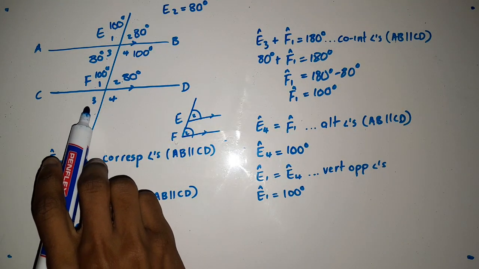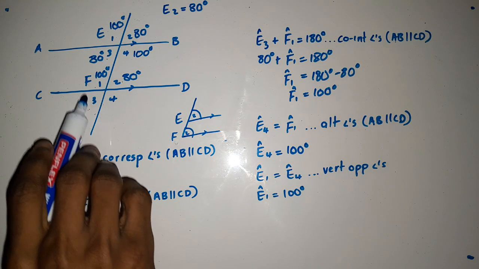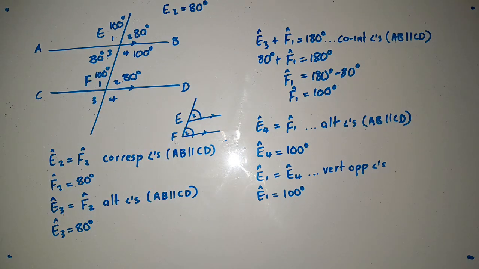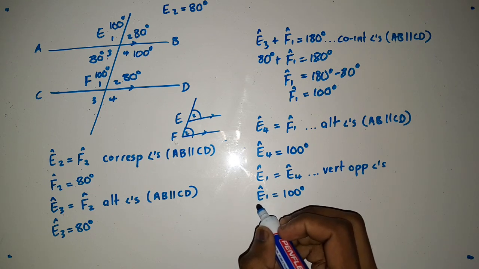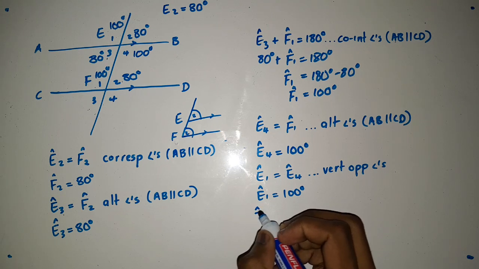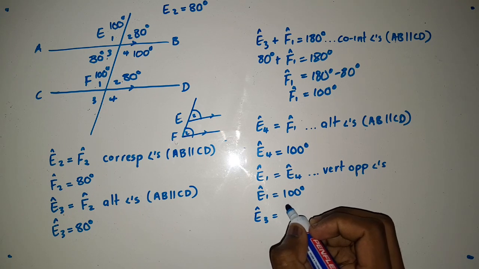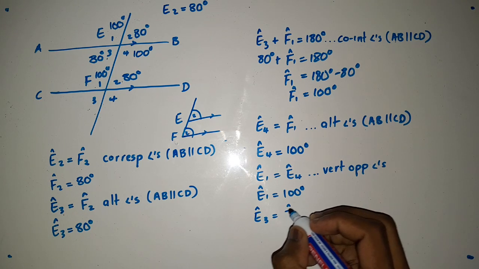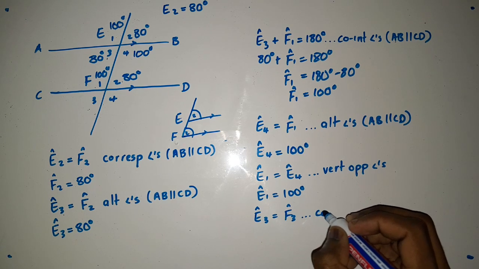Then to get the value of F3, you can say that F3 is equal to E3, corresponding. You see, you can say E3 is equal to angle F3, corresponding.